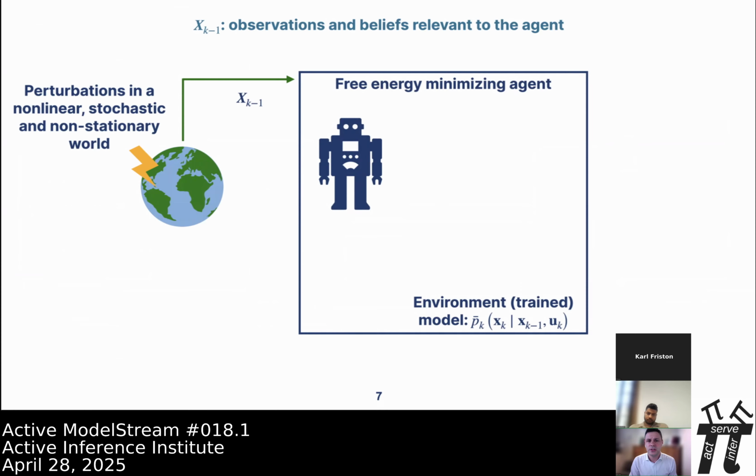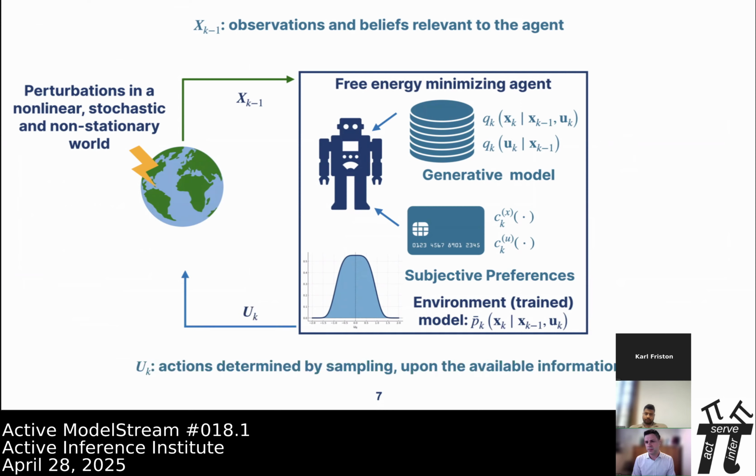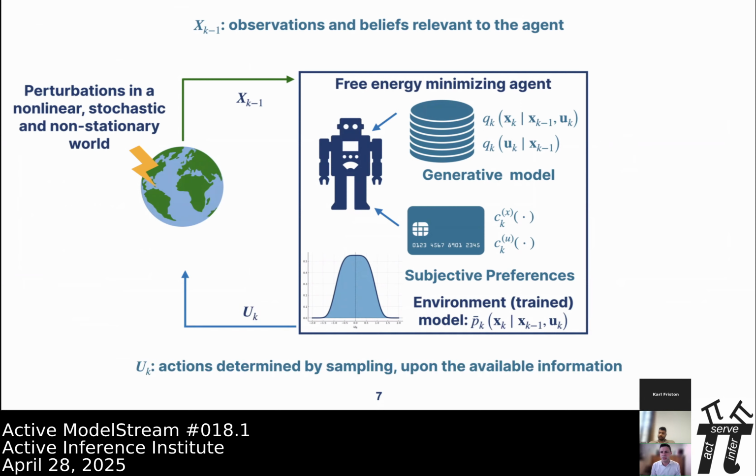Based on this information, the agent has available the classical generative model, and it has subjective preferences that we express as cost functions. Based on this, as we will see today, we will be computing a policy, which is a randomized probability function, basically a probability density function, from which the agent computes an action U. So u_k is going to be the set of actions that are determined by the agent, and these actions are obtained by sampling from the policy.